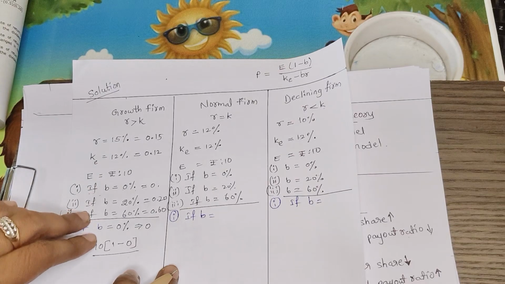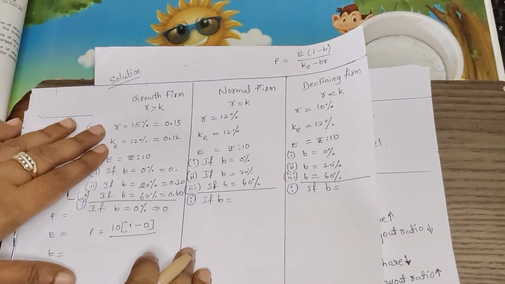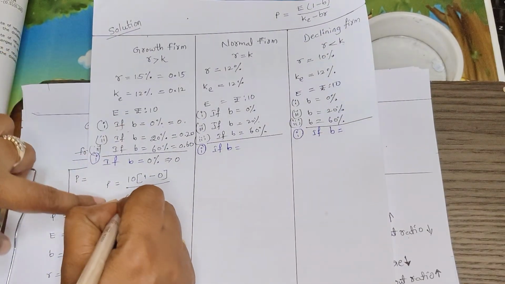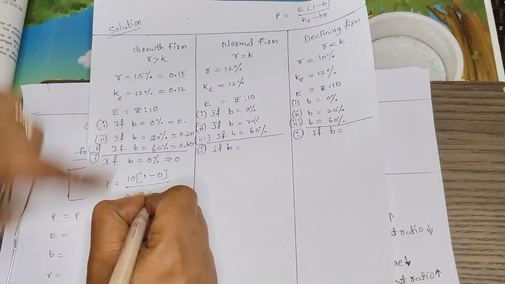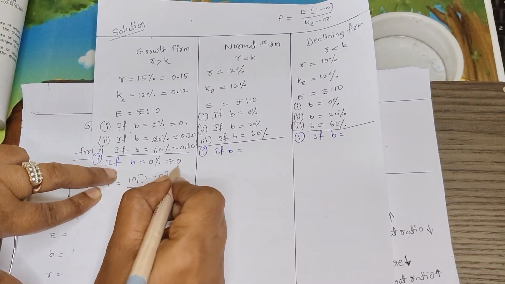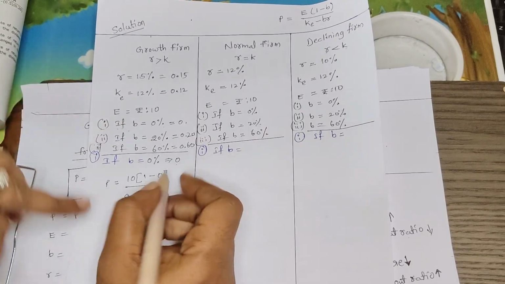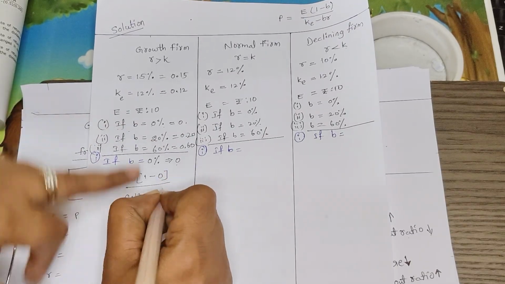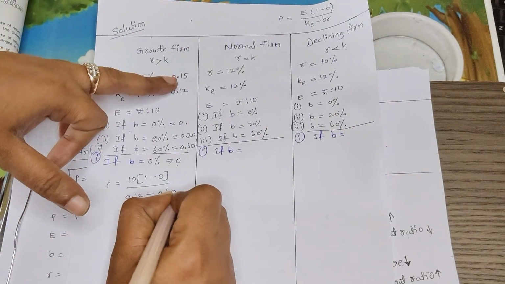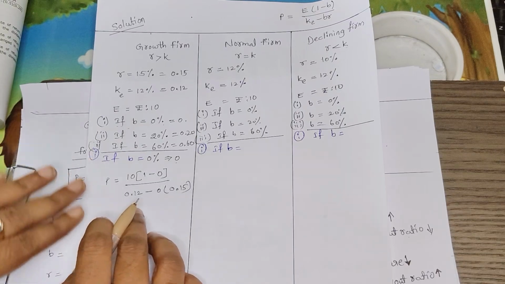While calculating, instead of percentages, you will take these decimal values. So KE is equal to 0.12 minus B, and B is equal to 0, we are calculating now. Don't take the remaining B values. So B is equal to 0 into R, which is 0.15. So these are the details under growth form.